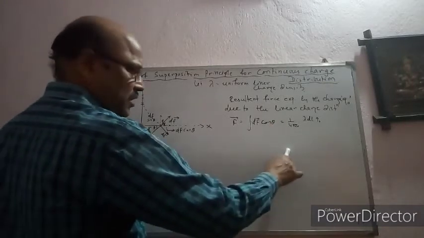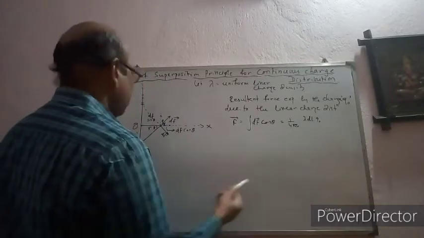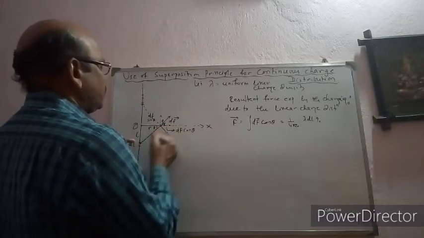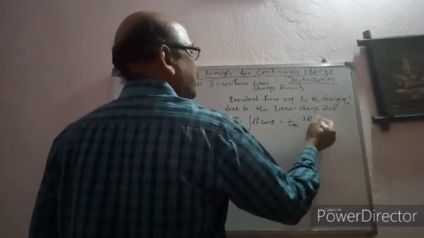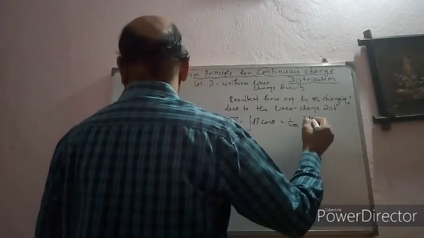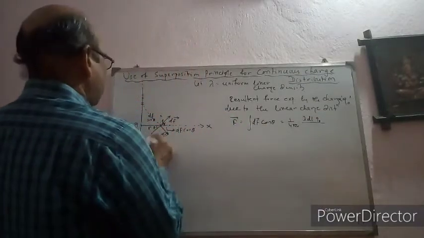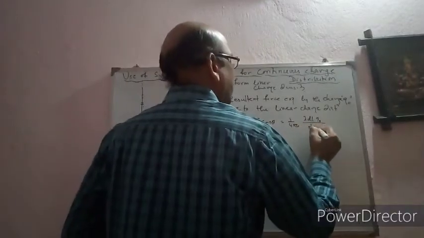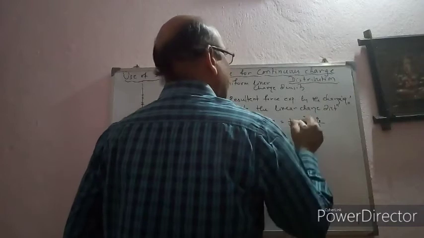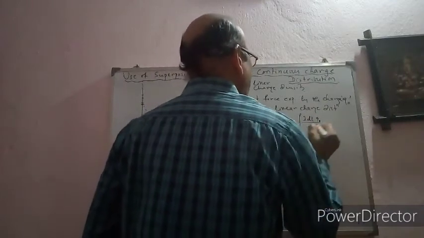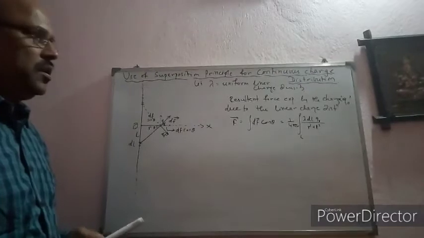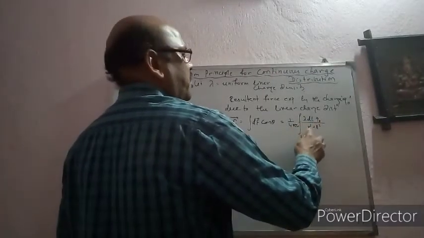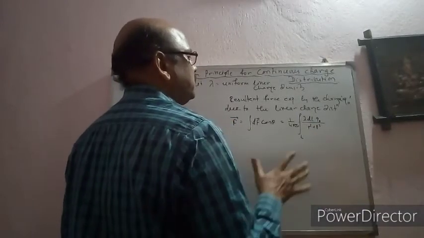Unit length has lambda charge, so length dl has charge lambda dl. So here the charge is lambda dl, here the charge is Q naught. The electrostatic force between them is Q1 Q2 by R square. In place of R square I will write this distance squared, which is R square plus L square. So we integrate over the whole length of the conductor: lambda dl Q naught by R square plus L square. This value we have to find.